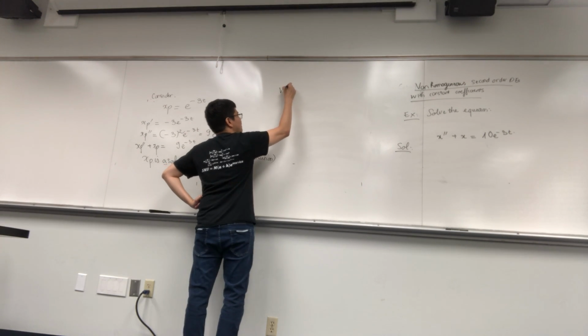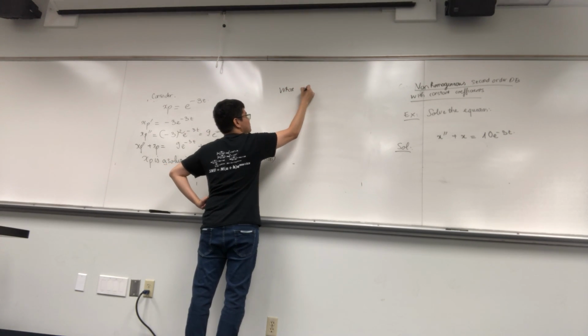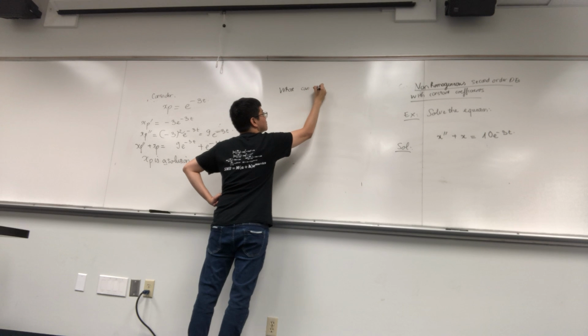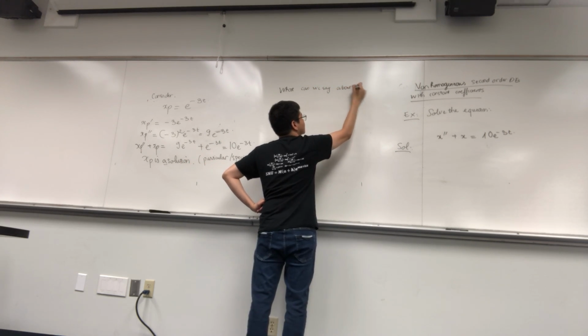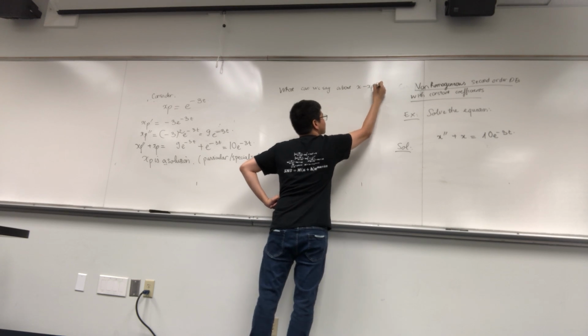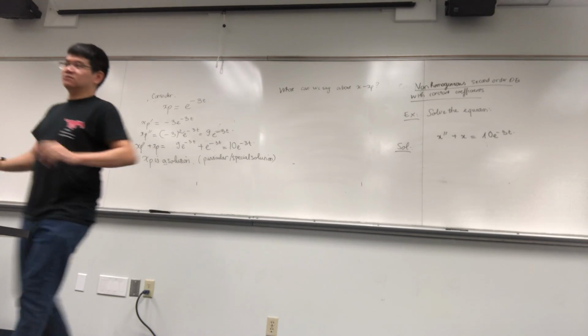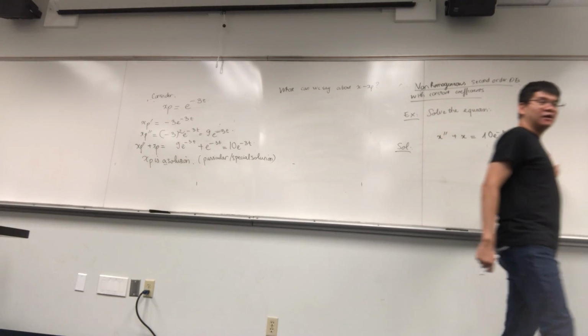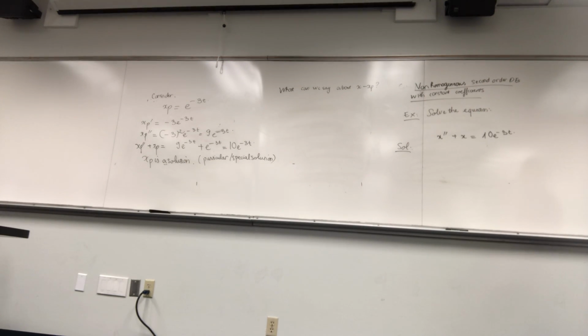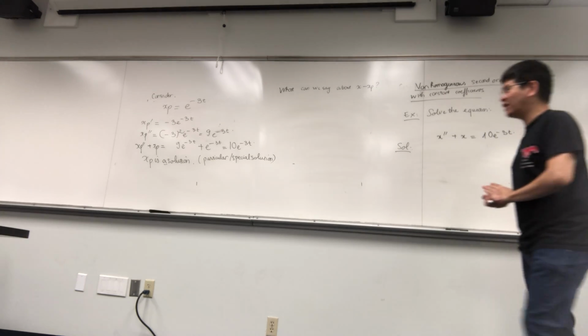So what can we say about x minus xp? x is the solution of this non-homogeneous equation. xp is the particular solution, or the special solution that I just found.